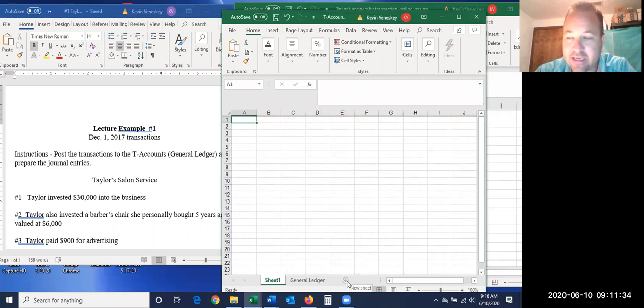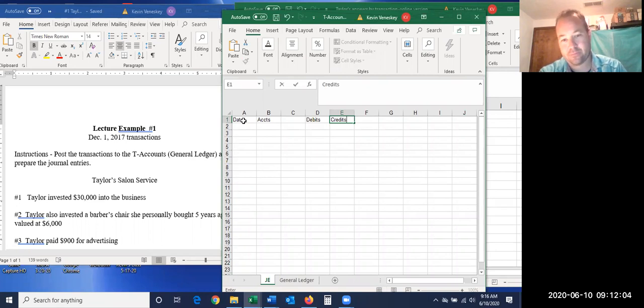Just hit the little plus sign, and we'll call this our journal entries. At the top we'll put the date, then our transactions, the accounts that we're going to use, and then over here our debit and credit amounts.